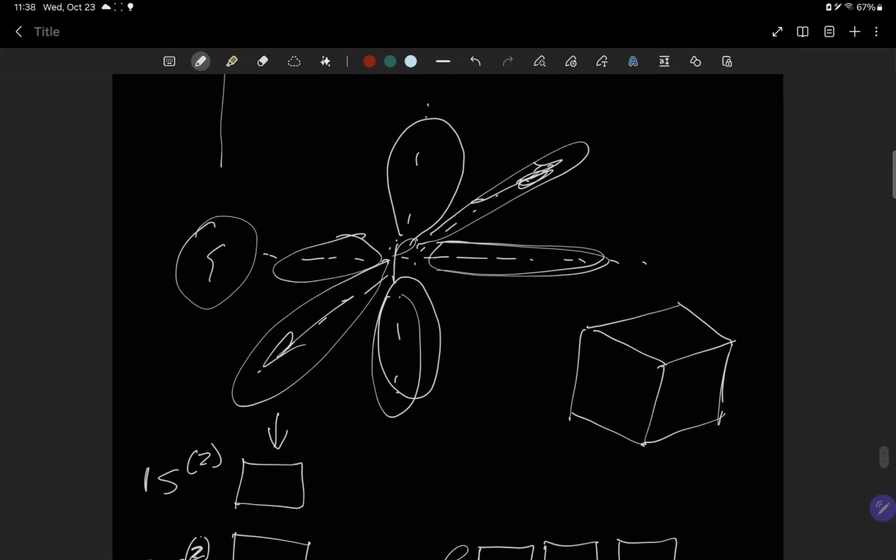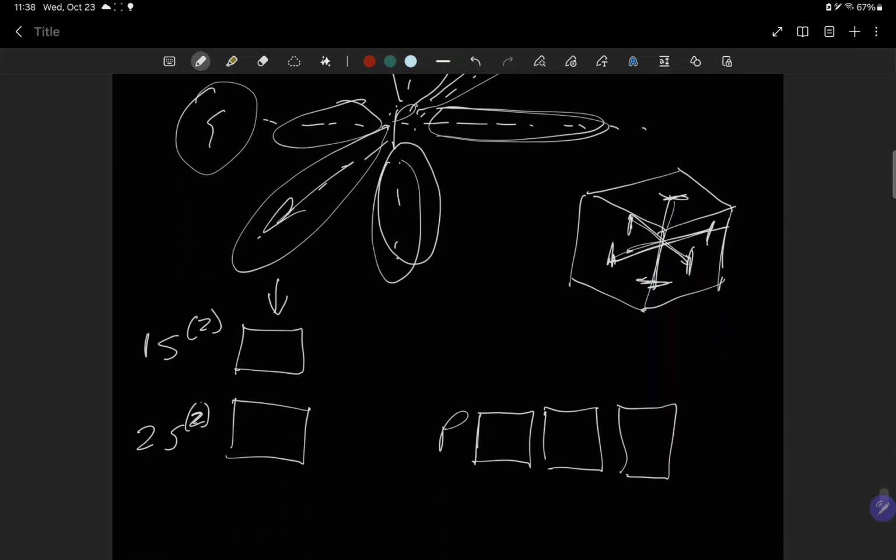Think of this as these 2 sides of the dice, these 2 sides of the dice, and then these 2 sides of the dice. Because the dice has 6 sides. Yeah. So each of these, 1, 2, 3, 4, 5, and 6. So you can fit 6 electrons into a p orbital. And it's going to have 1, 2, 3 suborbitals.